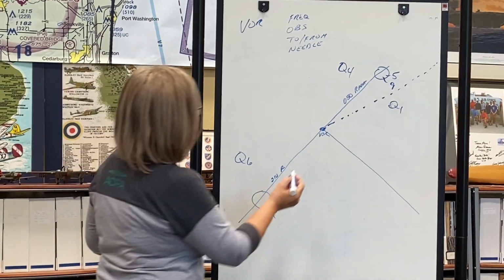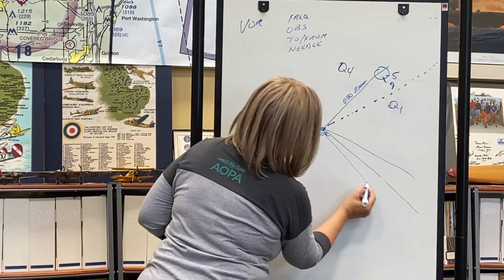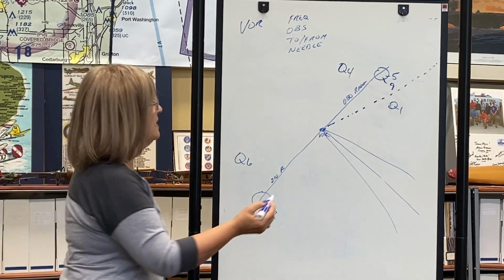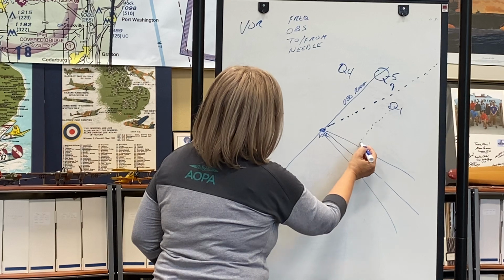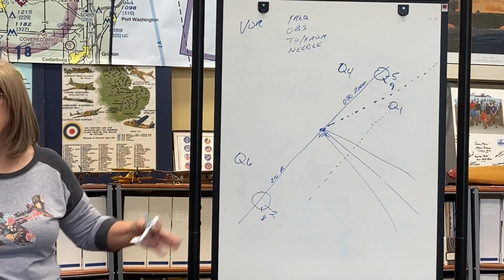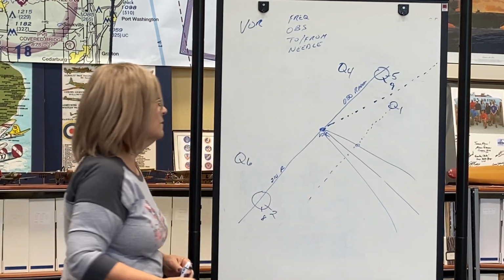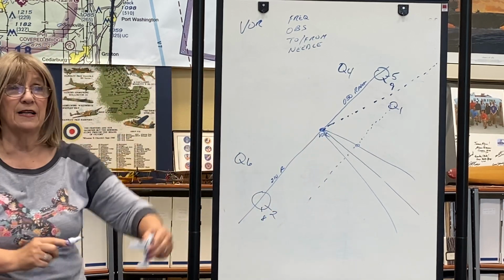So what happens here is we understand how if we're off course, so if I'm in airplane number 1 and I don't correct, and I just keep going this direction, that's fine, it doesn't know what I'm doing. But when I cross about here, that to/from flag is going to flip.